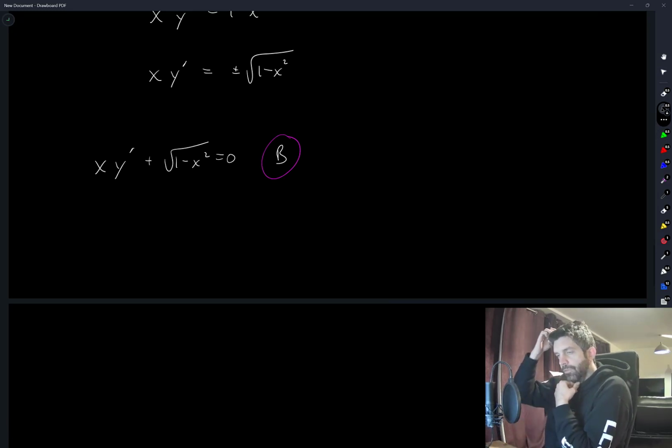So then the question is, out of options A and C, do one of these satisfy this differential equation? I probably just have to take a derivative of this, right, and see if that works.